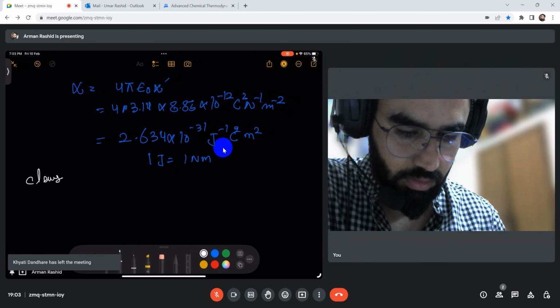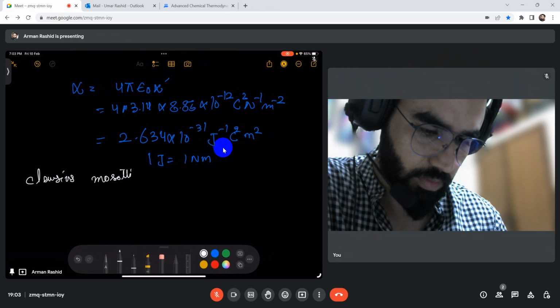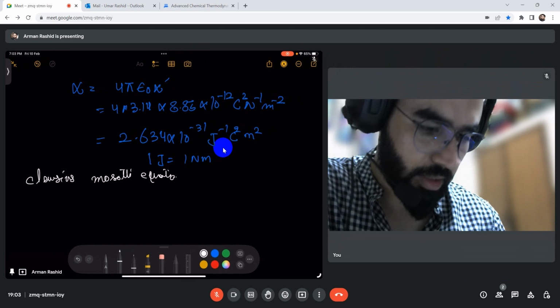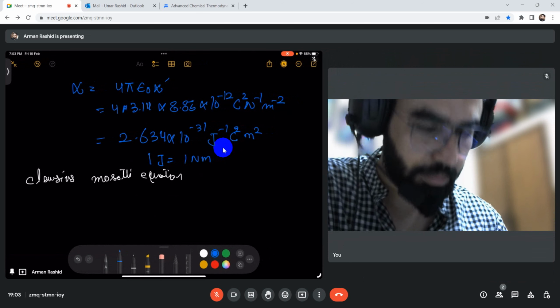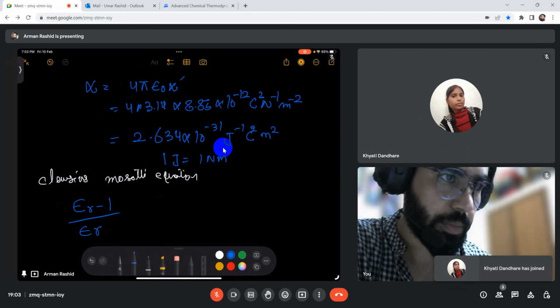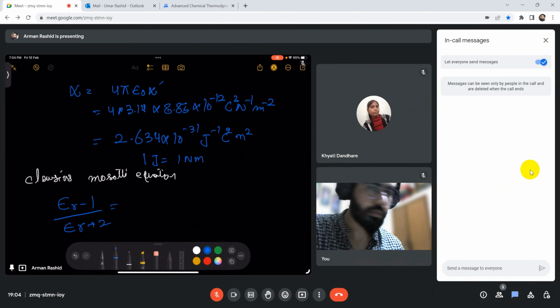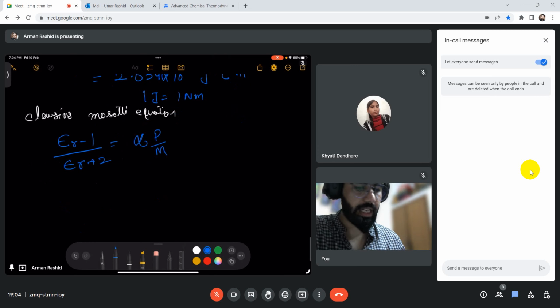The Clausius-Mossotti equation relates the dielectric constant... okay, so this is the Clausius-Mossotti equation.